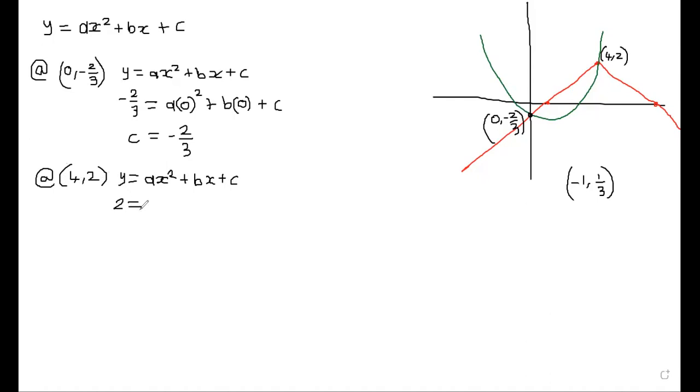And we don't know a, but we know x. X is 4. We don't know b, but we know x is still 4.